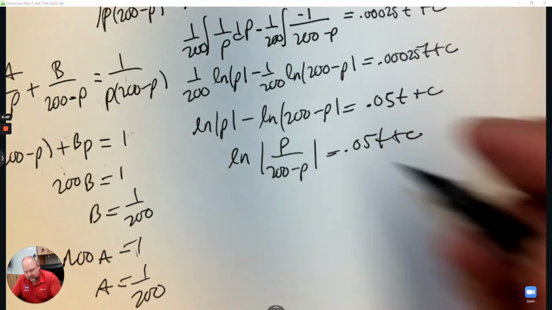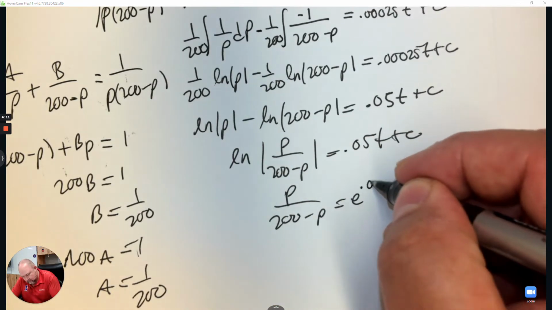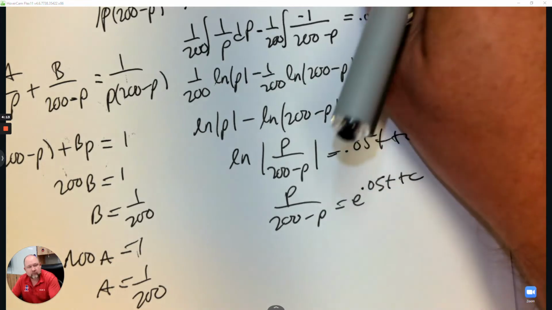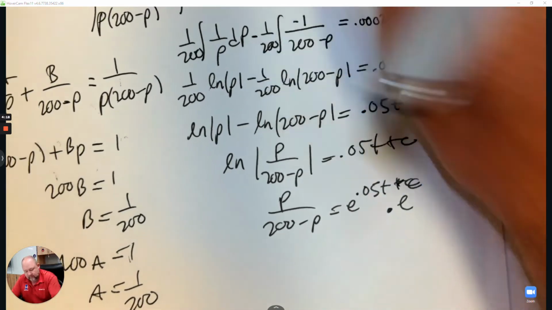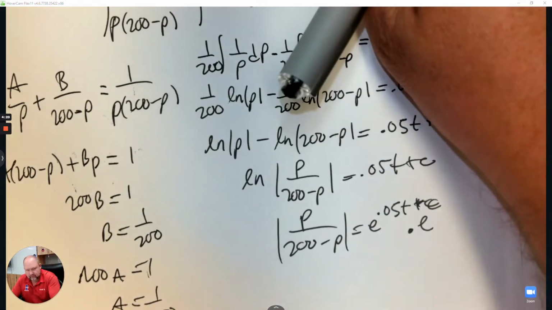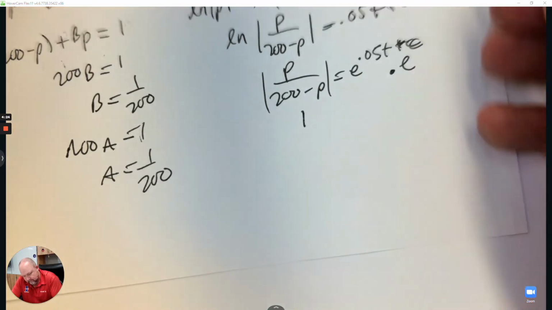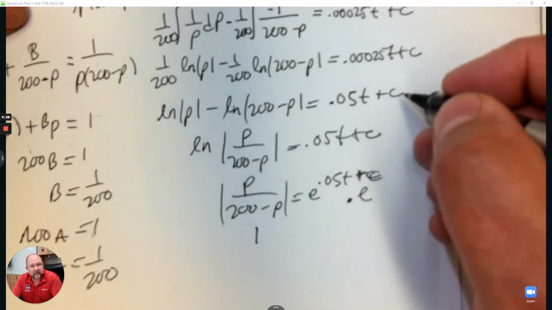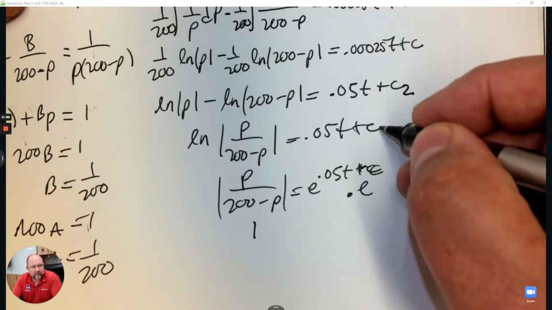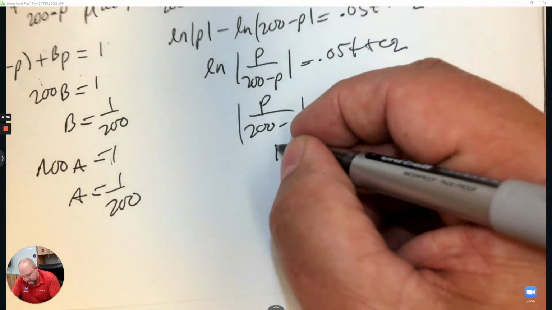I'm going to write this exponentially. To remove the absolute value bars, plus or minus, we're going to replace the constant. Really, when I multiply by 200, this should be C2, and then when I replace it again, it'll be C3.